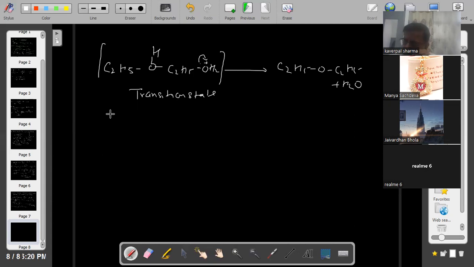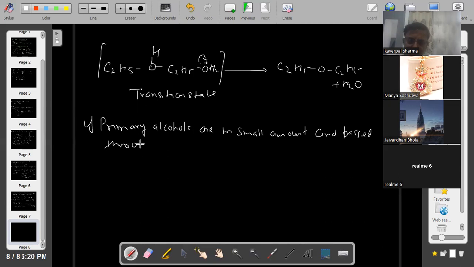In case of secondary alcohols, if primary alcohols are in small amount and pass through chromic acid, H2CrO4, this is called chromic acid.